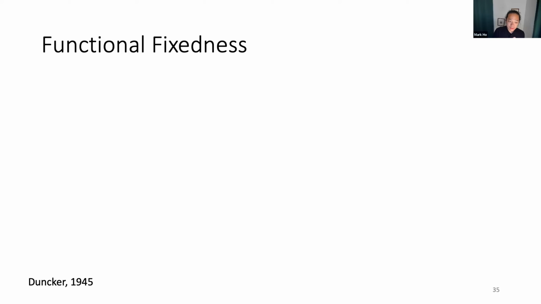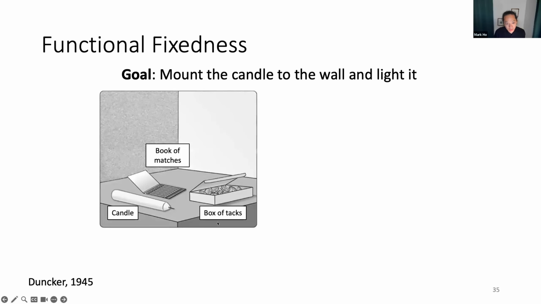One example of that is a set of ideas from the classic psychology literature called functional fixedness. If you haven't heard of this term before, the classic functional fixedness example is the candle task from Duncker in 1945.